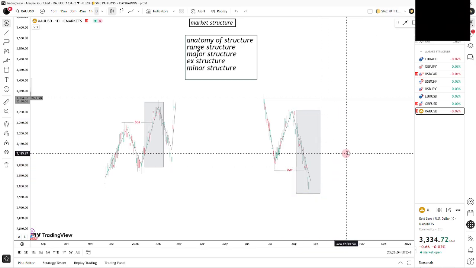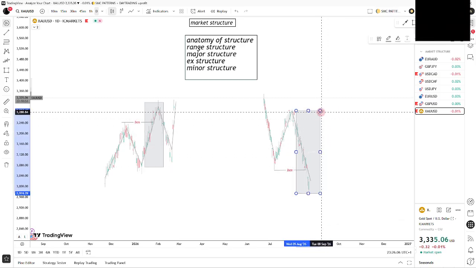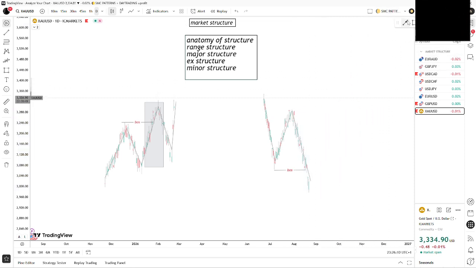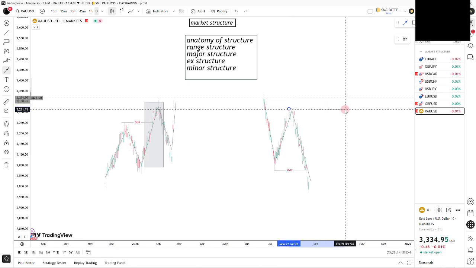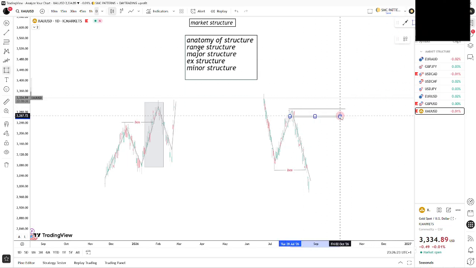Now the next thing we go with is measure. What is a measure? Measure is that resistance level where the market should not break past.